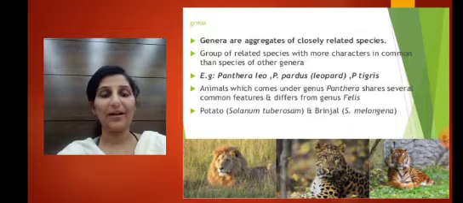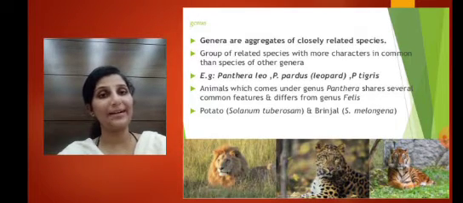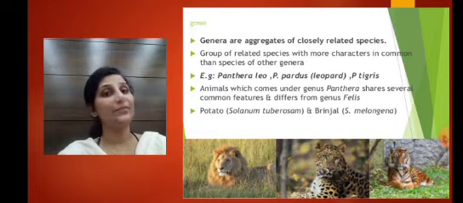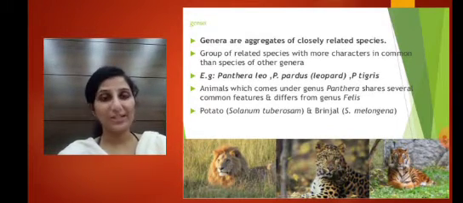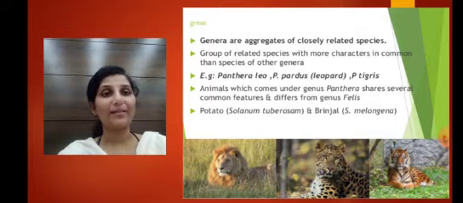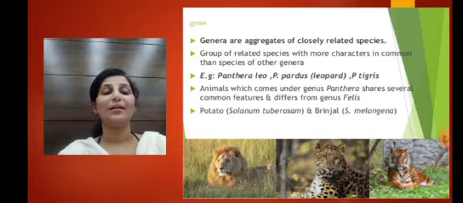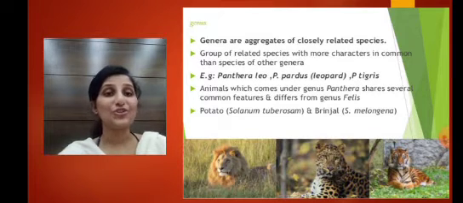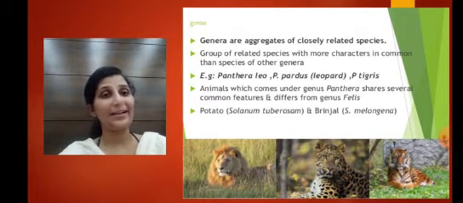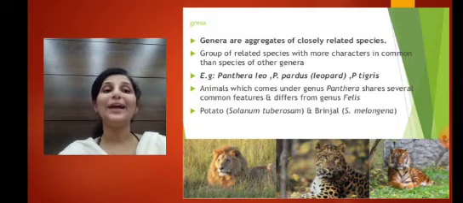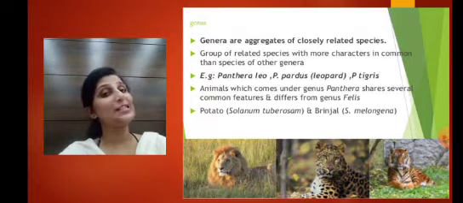Within a genus, there will be related species which share common similarities when compared to another genus with other species. For example, Panthera leo, Panthera tigris, and Panthera pardus share more common similarities when compared to another genus called Felis.